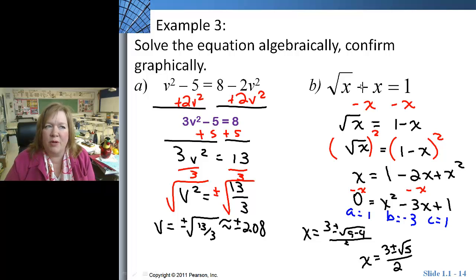So I am going to say that the 3 plus square root of 5 doesn't work. Just remember, when you're dealing with a square root equation, check both solutions. If you check both solutions in this case, the only one that works is the 3 minus the square root of 5 divided by 2, which is approximately 0.382.